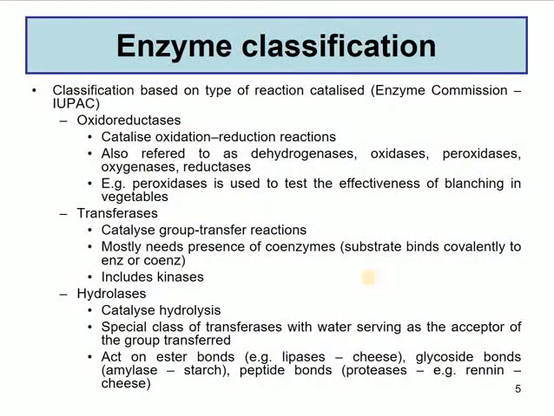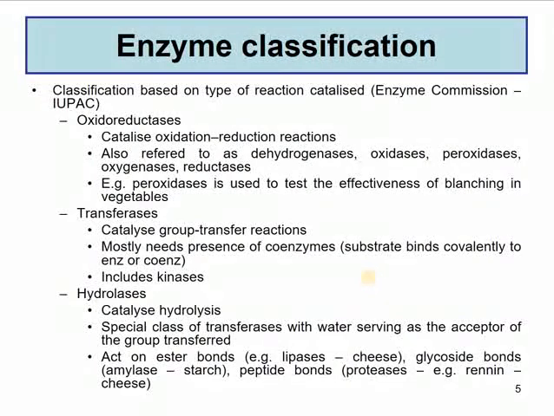This is one of those that are very familiar to us, like the polyphenol oxidase that I just mentioned falls under these ones. Think about the peroxidases when you guys did the blanching of fruits and vegetables in the frozen vegetable practical. So that enzyme that browns the cauliflower falls under the oxidoreductases. So peroxidases are used to test the effectiveness of blanching in vegetables.